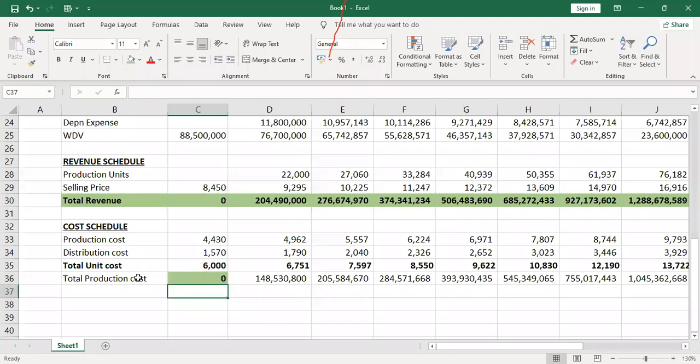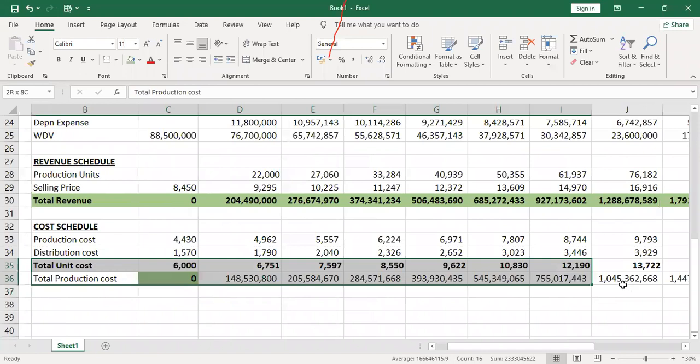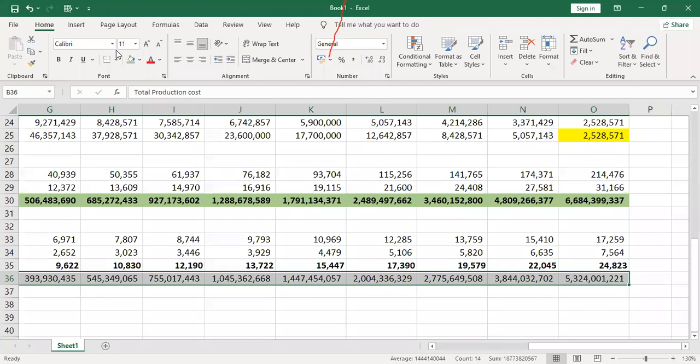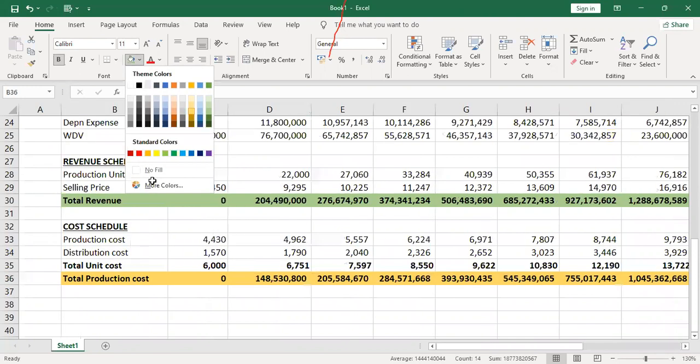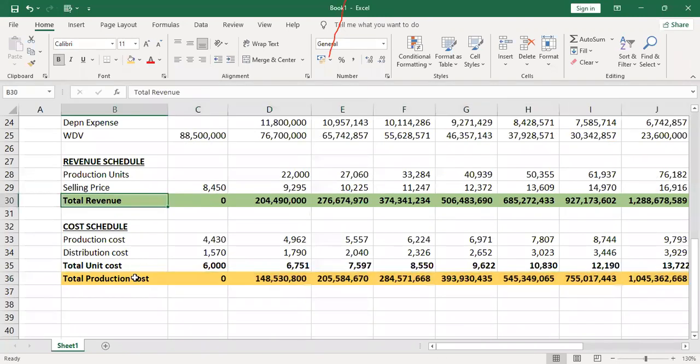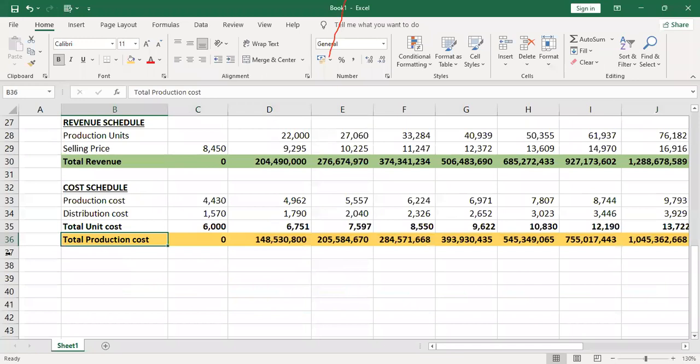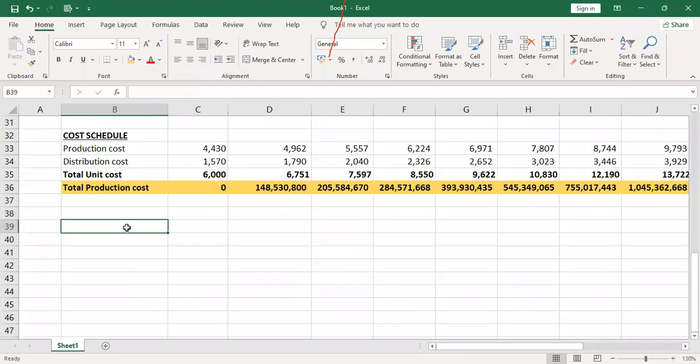So you can bold these values and change the highlight color. So we know the total revenue, we know the total production cost. So the next item is the output area.